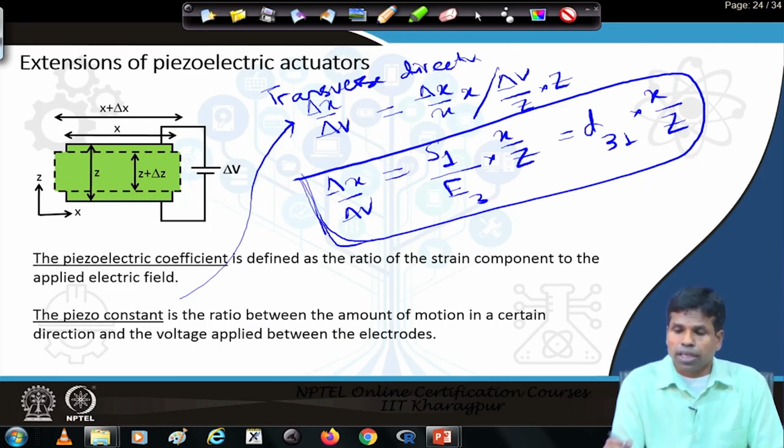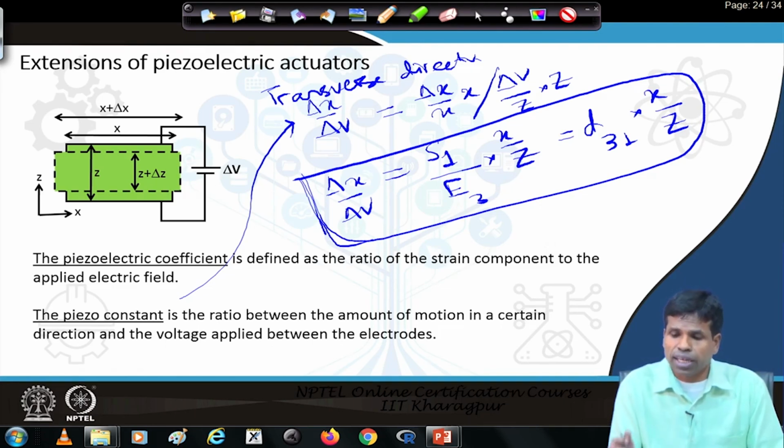However, if we use a very thin and long piezo plate, its resonance frequency will be less. One problem is that it will have a low resonance frequency, which is disadvantageous for scanning probe microscopy.